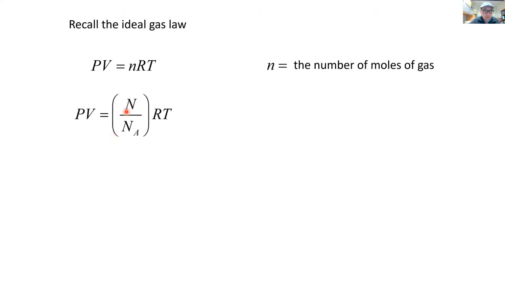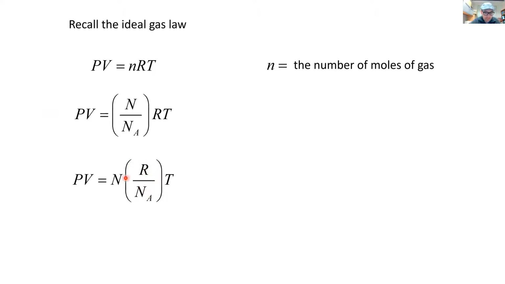Now, let's recall the ideal gas law, the way we wrote it down before. PV equals nRT. And remember that the little n is the number of moles of gas that we have. So that could be expressed as the number of molecules that we have divided by Avogadro's number, N_A. Then that can be rearranged like this. Put together the ideal gas constant and Avogadro's number.